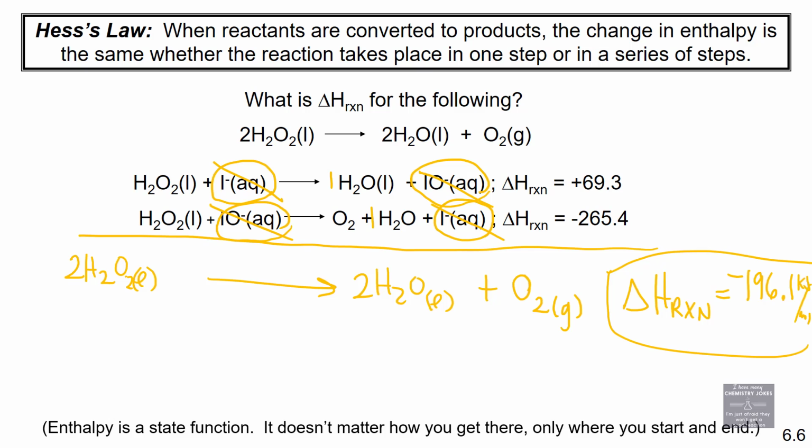Or I can find delta H from the indirect method, also known as Hess's law, where I'm given two equations that can be combined in some way to equal my desired equation up here, and I add together the delta H's as well. Whew. Let's do another one of these.